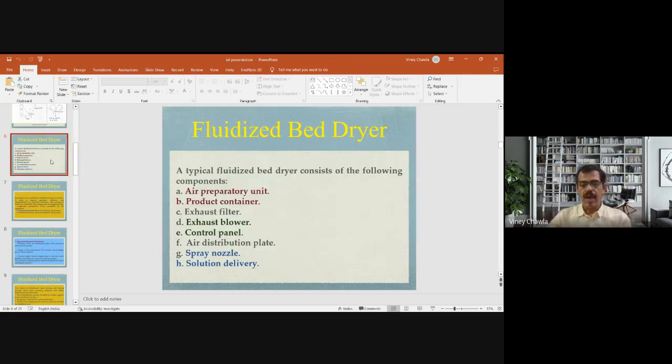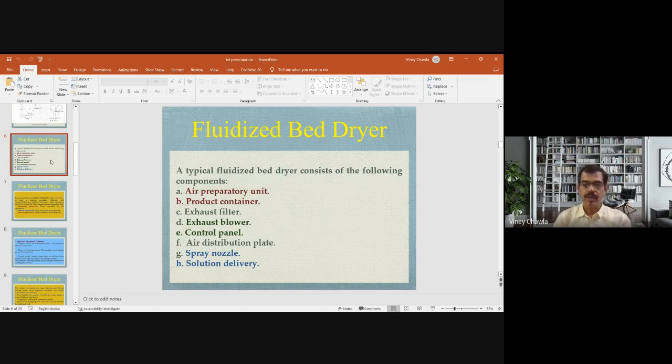If I have to summarize, the fluidized bed dryer consists of these units. First is an air preparatory unit. As the name indicates, it prepares the air for further transfer into the main instrument.